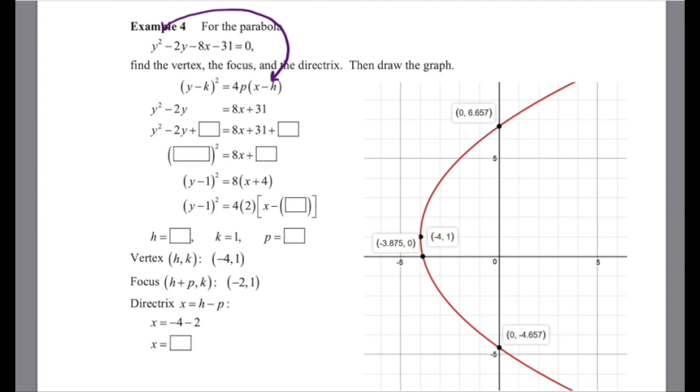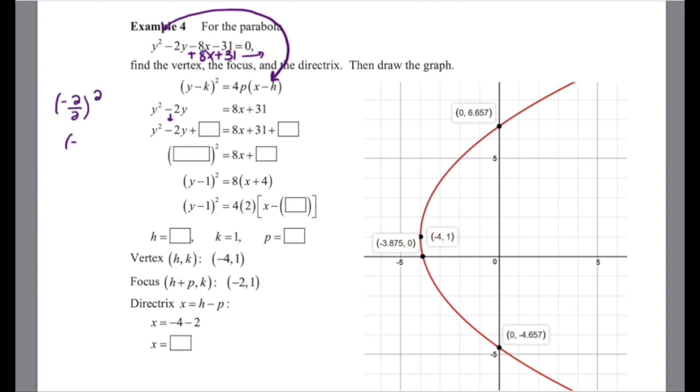We'll then want to complete the square again because we need to get it into its certain standard form. What I'll need to do is add 8x and add 31 and bring it to the right-hand side so that all the y's are on the left and the x values are on the right. I then take my -2, divide it by 2 and square it.